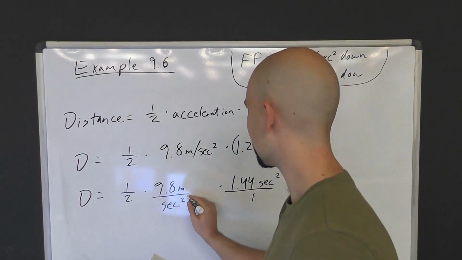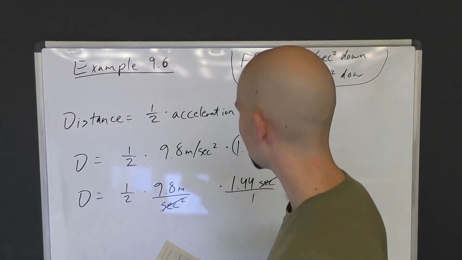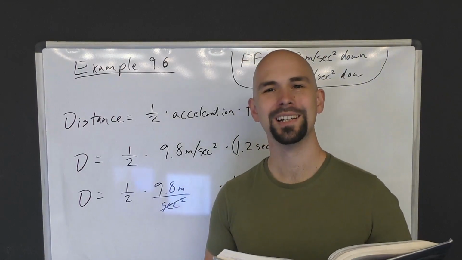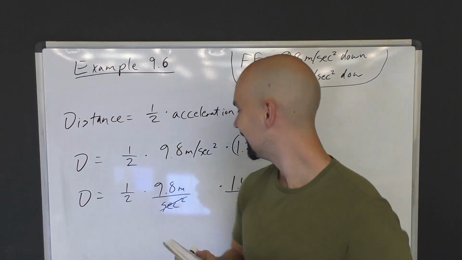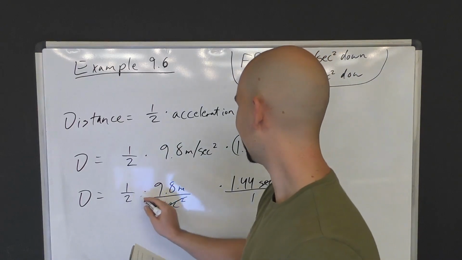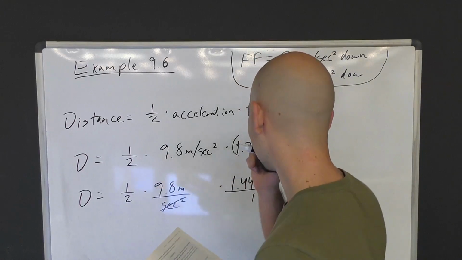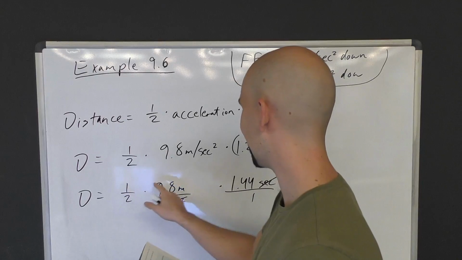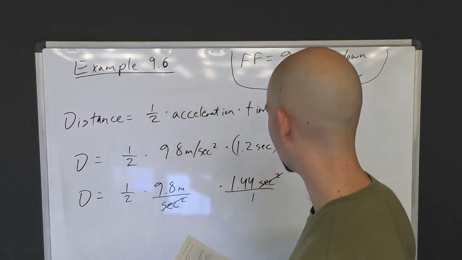So I can cancel seconds squared and seconds squared, and that's good because we're looking for a distance, right? Distance doesn't have any time involved. So now we have 1/2 times 9.8 times 1.44.